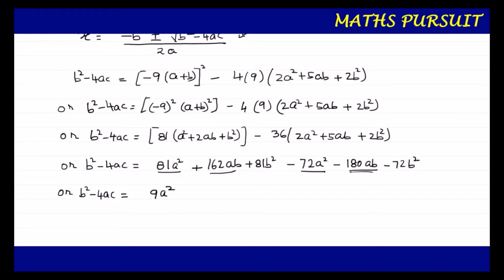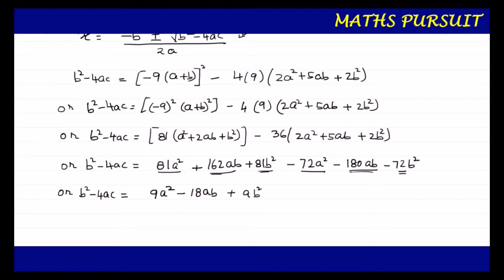Then we will definitely get minus 18ab, because 180 minus 162 is 18. Then plus 9b^2. How? Because 81b^2 minus 72b^2 is again 9b^2. This is what we got.